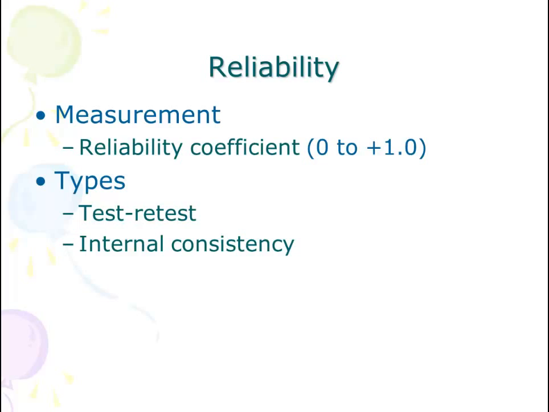If all 10 items measure optimism, then a person who agrees with one item should tend to also agree with the other 9 items. In other words, people's responses should be consistent from item to item and not bounce around too much. The most popular measure of internal consistency reliability is called Cronbach's alpha, or sometimes coefficient alpha. It is interpreted like a correlation, and again, higher scores closer to +1 are desirable.